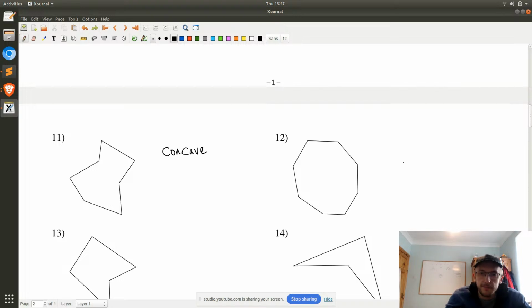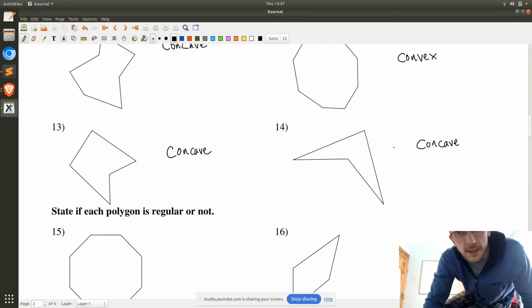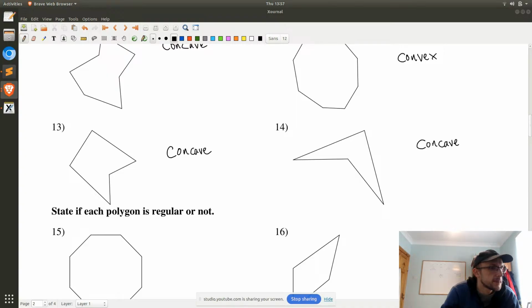Okay, so convex, concave, concave. This particular concave polygon would be called a dart. A concave quadrilateral is called a dart.